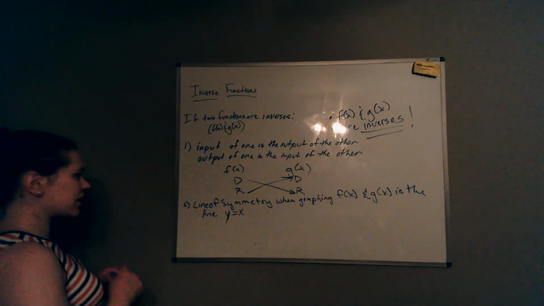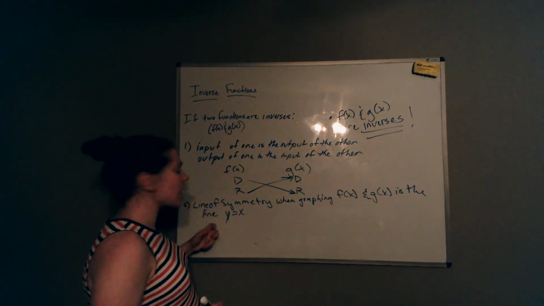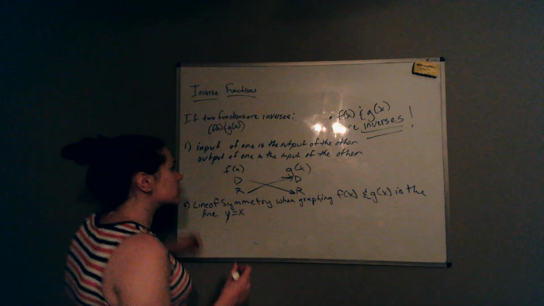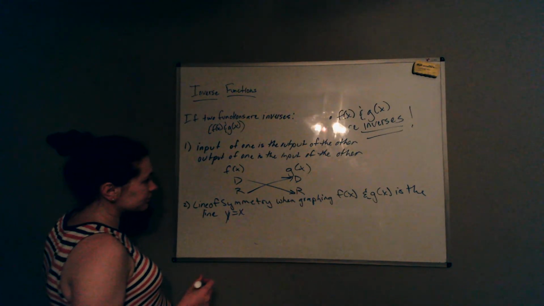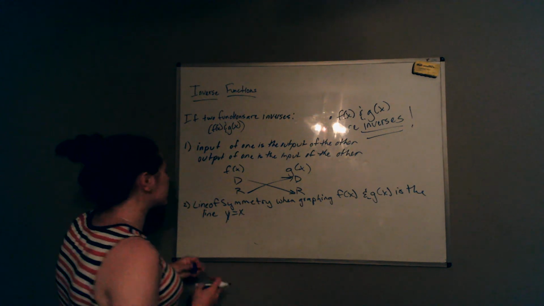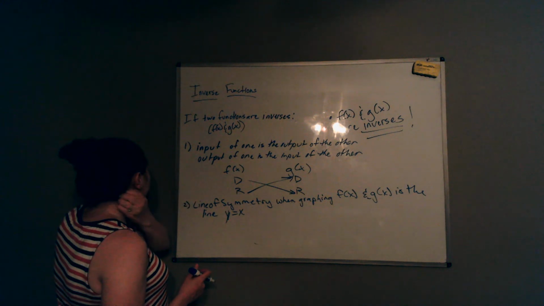Okay, so if you looked at it graphically, if they were not reflections over the line y equals x, then they would not be inverses. You could also look at it through the domain and ranges. If their domain and ranges were not flipped, then it wouldn't work.